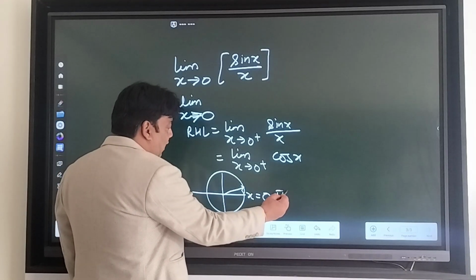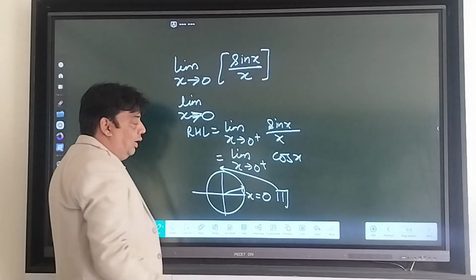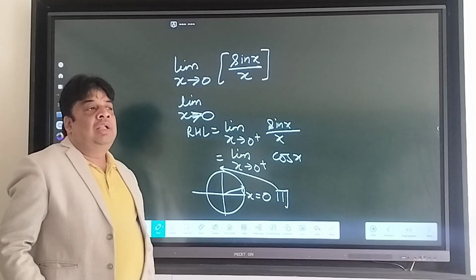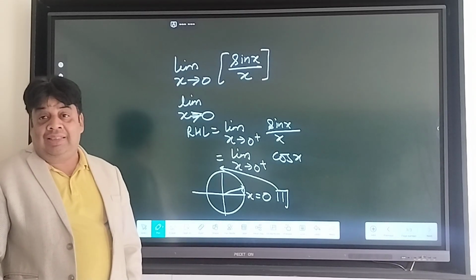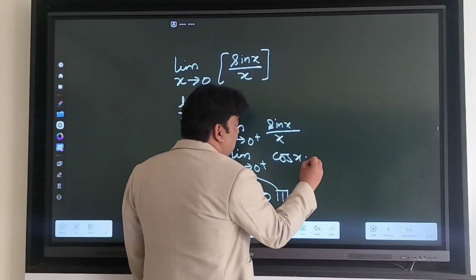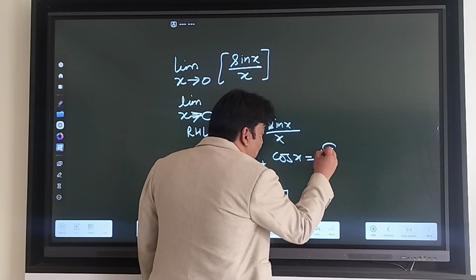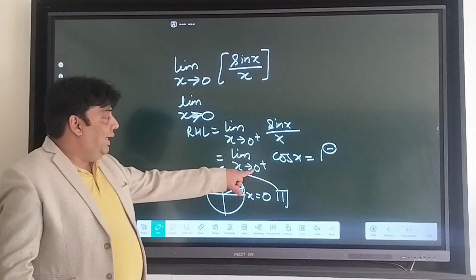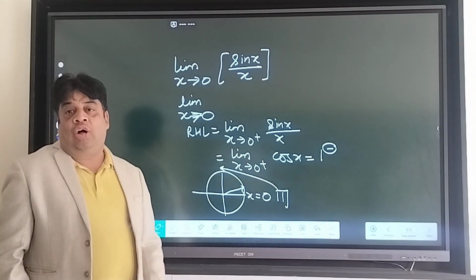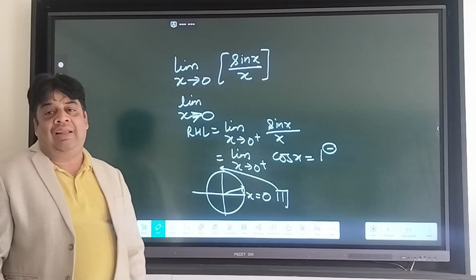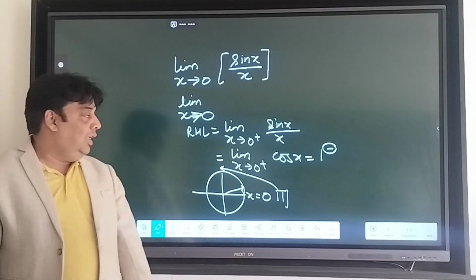At this point it is 1 and then it moves to 0 at 90 degrees. So as we move towards 90 degrees, the value of cos x decreases from 1 and moves towards 0. So this value is 1 but not exactly 1, it is slightly lesser than 1. So when x is tending to 0 plus, cos x is tending to 1 minus, which is slightly lesser than 1 but not exactly 1.